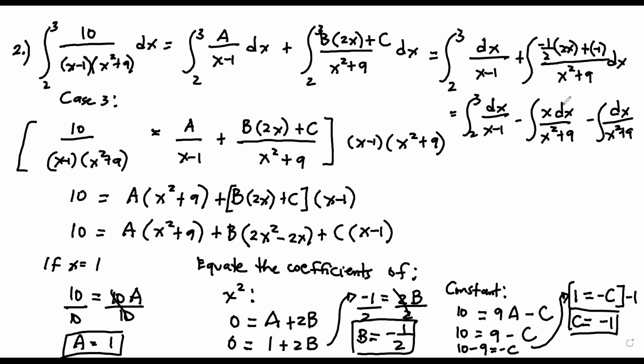And then, after that, let's use substitution. We let u be equal to x minus 1. The derivative of u is dx. So you will have integral of du over u from 2 to 3.